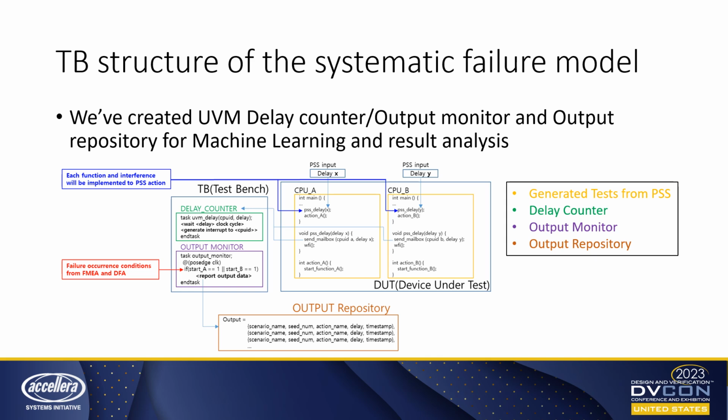As you see, we can configure its delay value with PSS input, and this PSS input will be generated with the PSS delay functions. So the PSS tool will generate various delay values and easily make a scenario for each CPU.